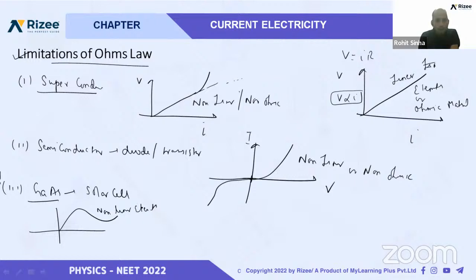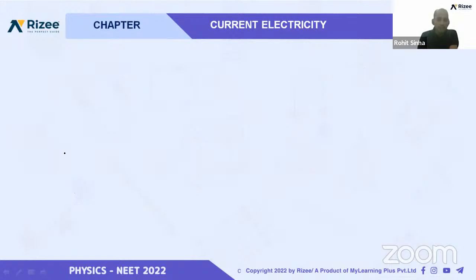It also does not obey Ohm's law. So we have seen three examples of non-ohmic conductors, and these are the limitations of Ohm's law. Any problem to anyone? Okay, let us move further then.